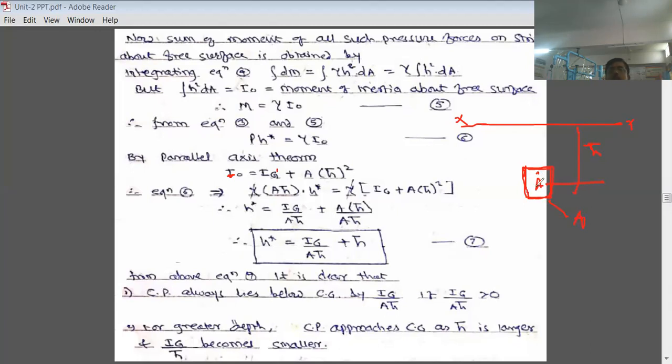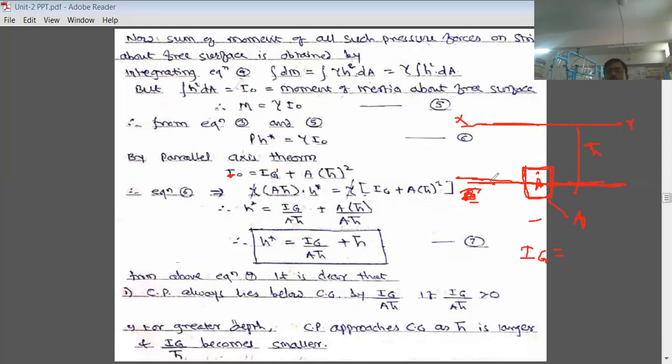So the parallel axis theorem says that the moment of inertia of this area about this axis must be equal to the moment of inertia about the axis passing through the center of gravity. The axis passing through it is denoted by ZZ, and the moment of inertia about this axis is denoted by Iz.